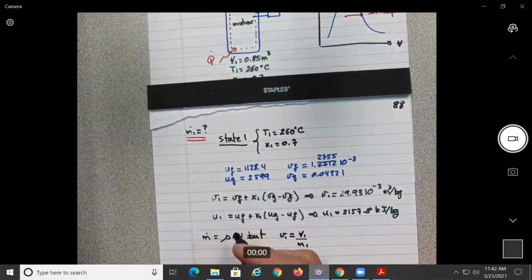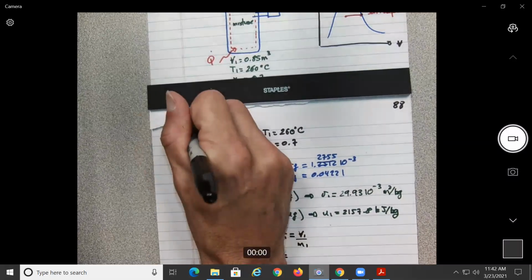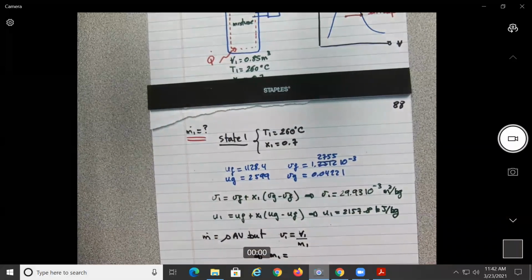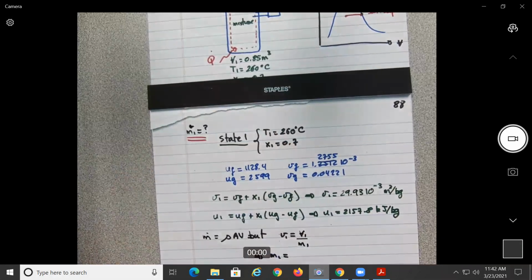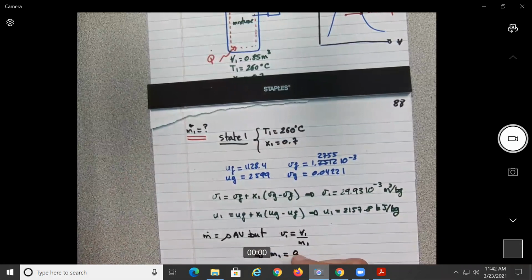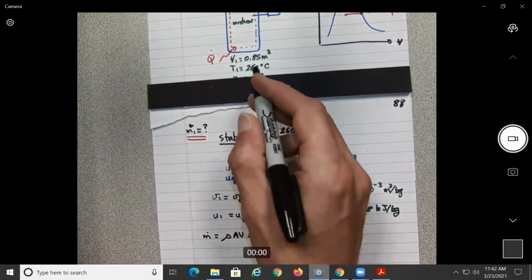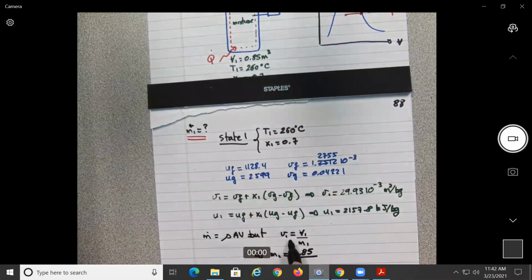We need to find M1. So M1 would be equal to what? 0.85, which is V1, divided by the specific volume that we found to be 29.93 10 to the minus 3.